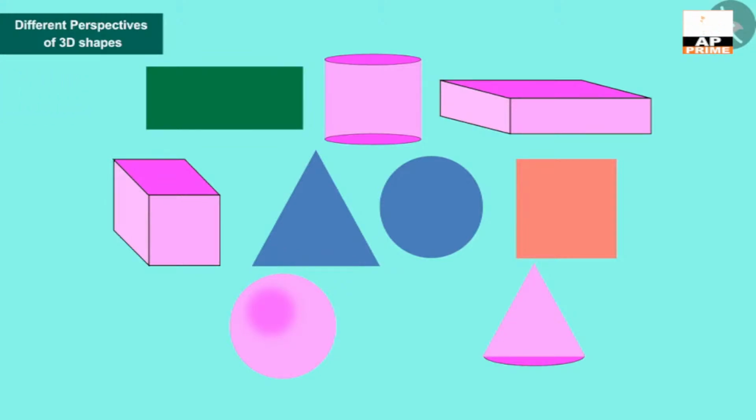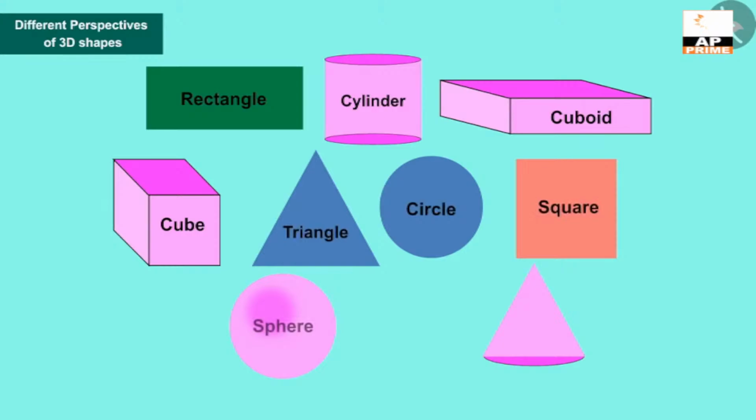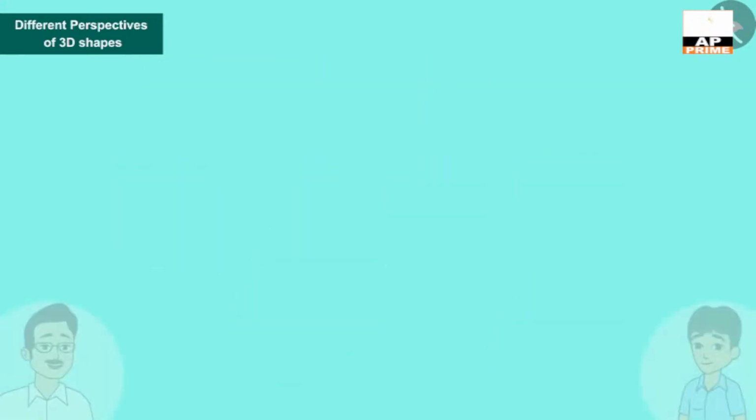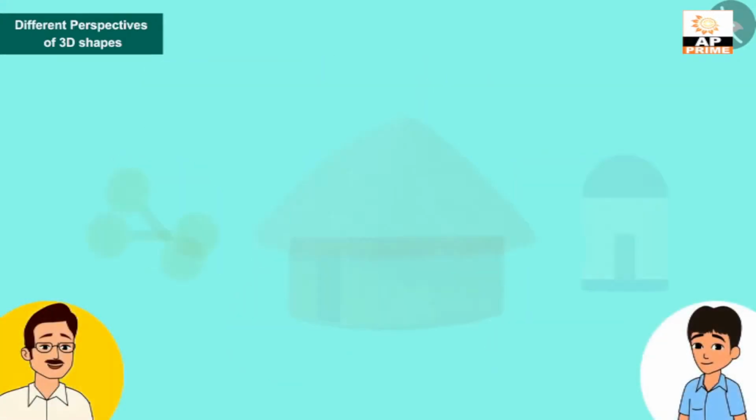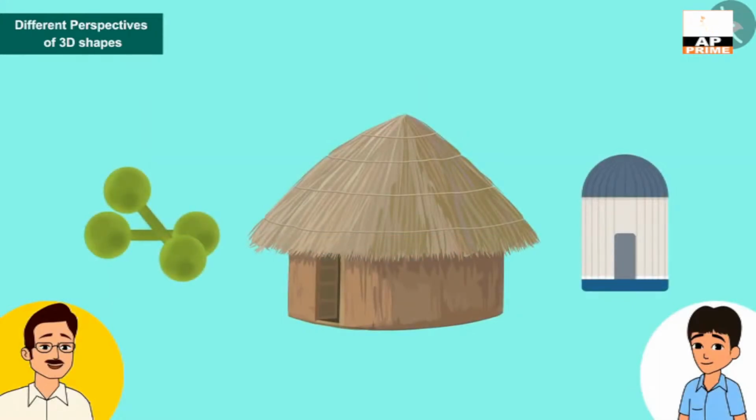Perfect! These shapes are rectangle, cylinder, cuboid, cube, triangle, circle, square, sphere and cone. Now Raghav's father shows him some more figures and asks if he can tell the names of the shapes.